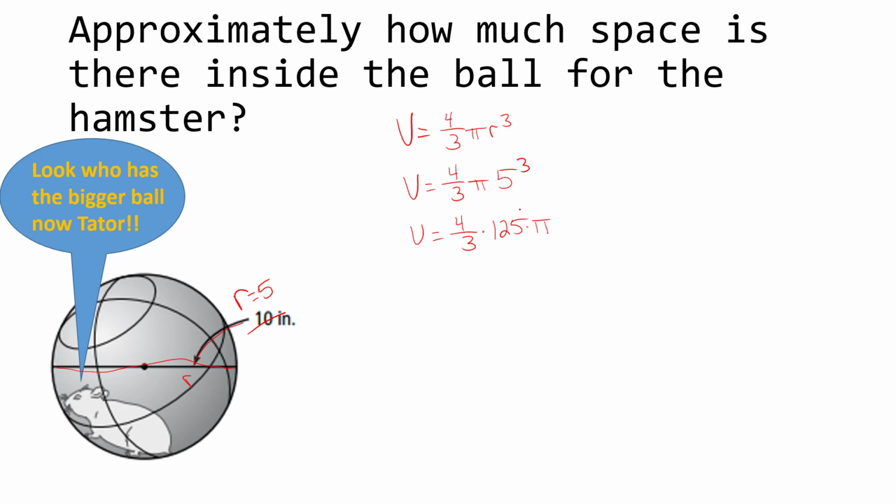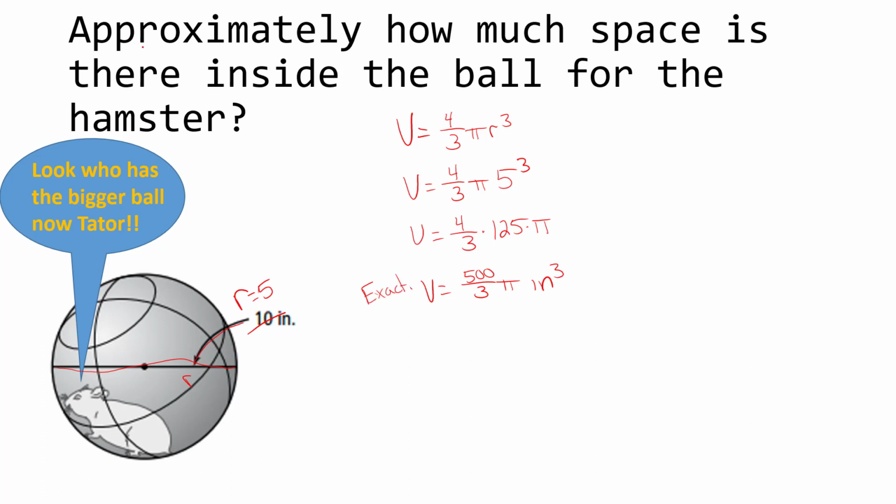And we look at 125 and say, hey, is that divisible by 3? Not evenly. So we're going to multiply our 125 by 4, and we get the volume being equal to 500 over 3 pi inches cubed. Now this is an exact solution.